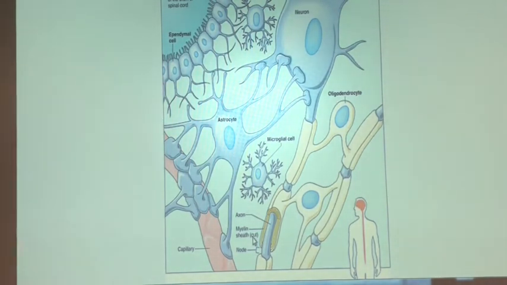So these helper cells, the glial cells, are important in support of the neurons, but make a special note that the oligodendrocytes are important in producing this myelin sheath, which we're going to be talking about.